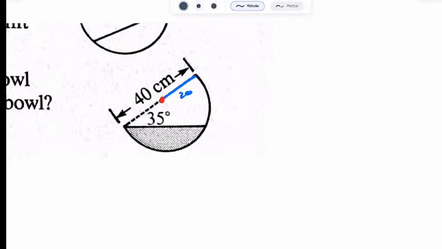But because it is a circle, the distance from here to here is 20, here to here is 20, and most importantly, the distance from here to here is 20 as well. So I want x from this diagram.